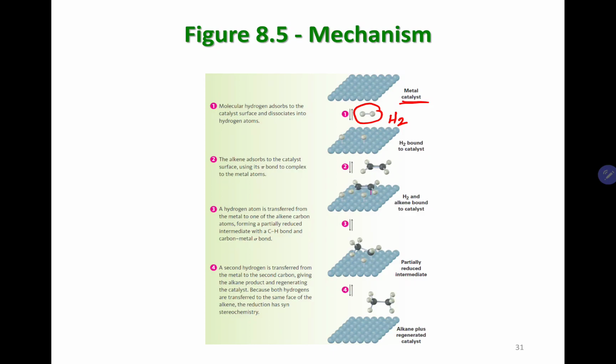And then here comes the alkene. This is your alkene. And then the alkene is going to break the double bond on the metal catalyst, and it is going to attach the two hydrogens from one side. That is why the hydrogens are added according to syn stereochemistry.